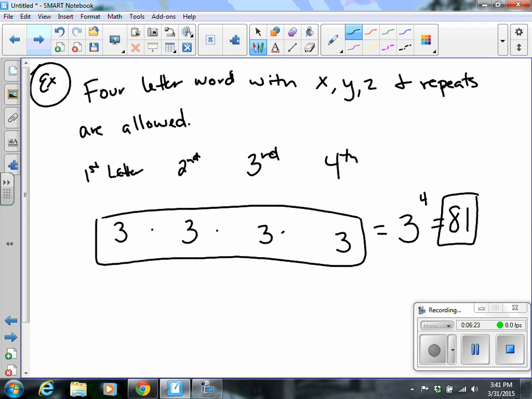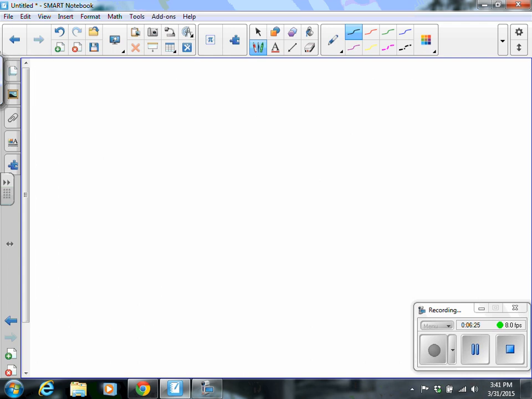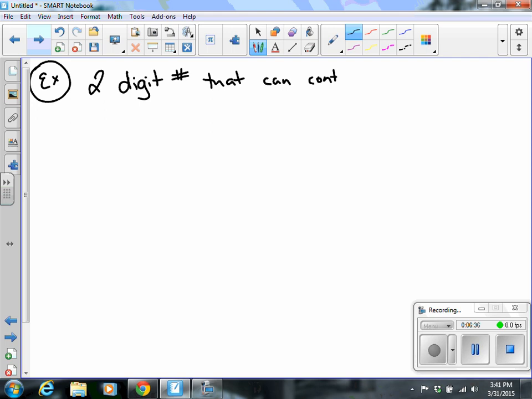So for you guys, I am thinking of a 2-digit number that can contain 1, 2, 3, 4, and 5 with repeats. How many different ways are there to form that 2-digit number?